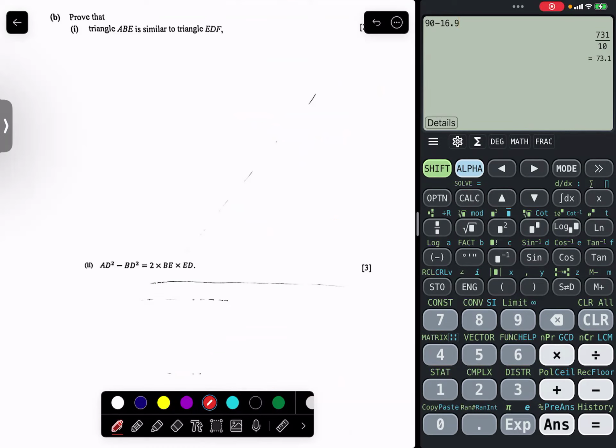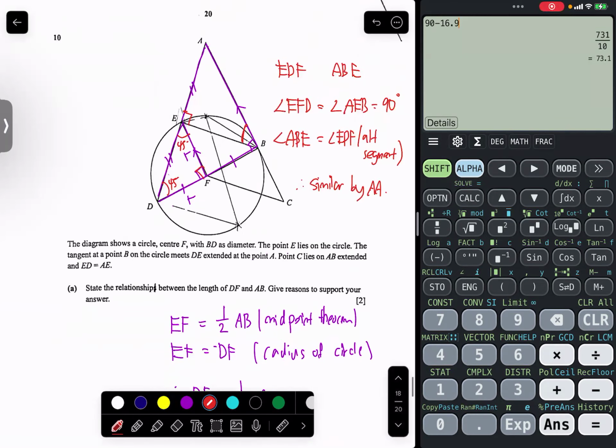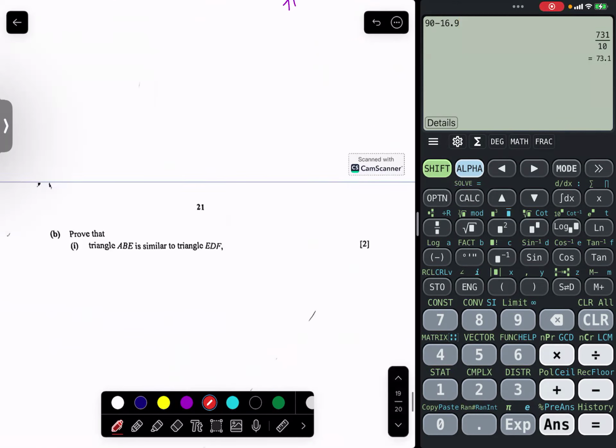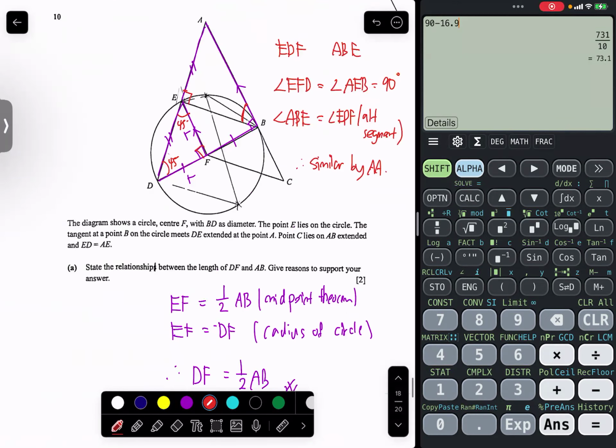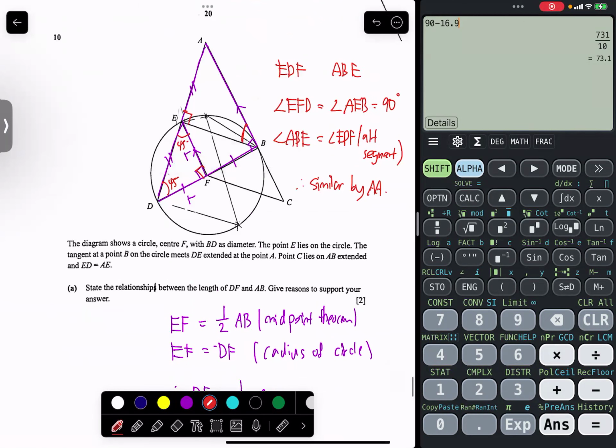Let me check the answer key if there's any typo mistake. No typo mistake, so let's prove it. AD square minus BD square equals 2 times BE times ED. So they are taking the hypotenuse squared minus this square.